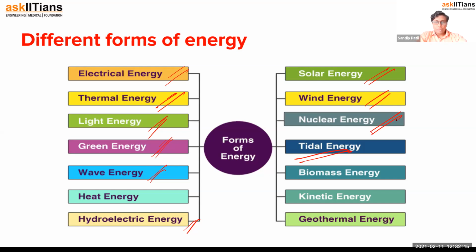Tidal energy we talked about, right? In oceans there are a lot of tides. Those are the tidal. Biomass energy. Biomass energy means biogas. We can get gas from biomass. You must have heard that in biology also. We are going to see that biogas thing, so we get energy from that. Kinetic energy. It is the energy due to what?